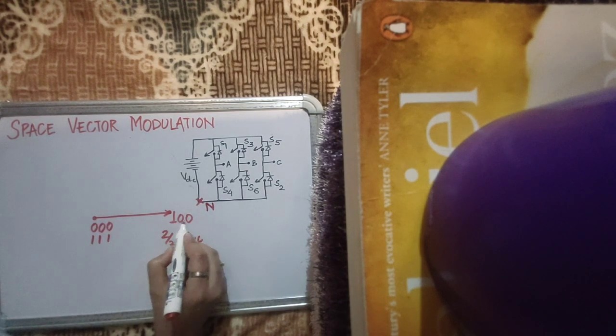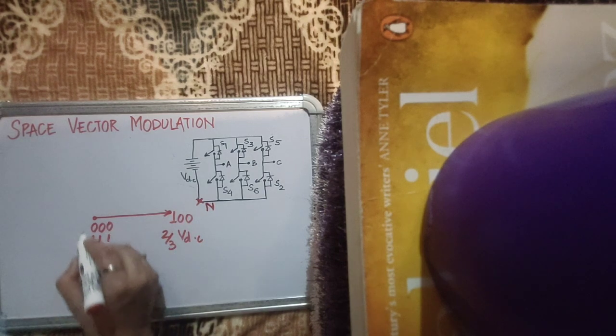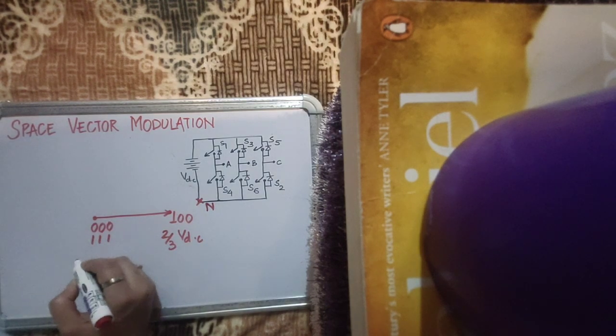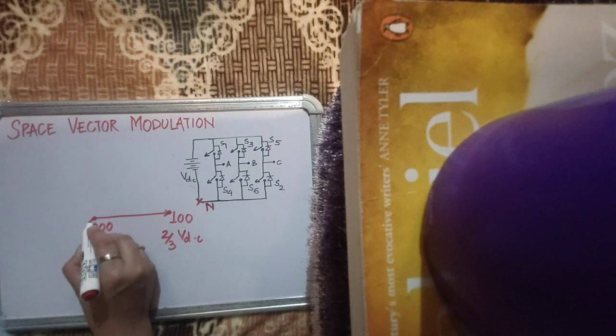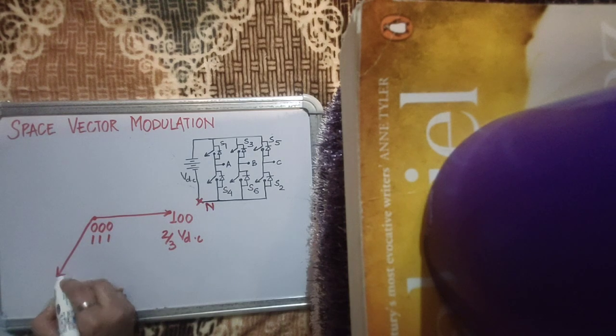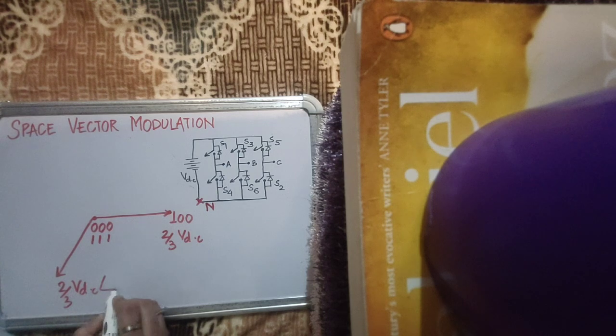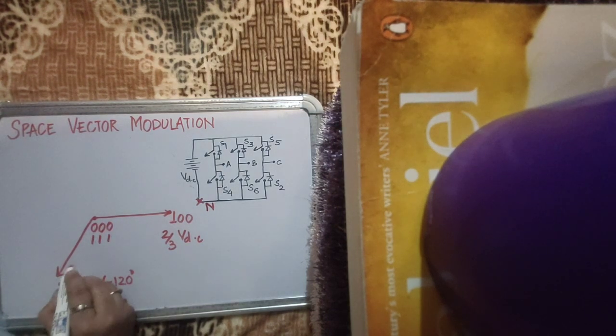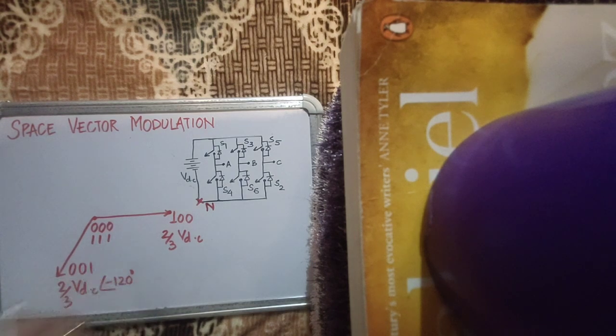This is the state 1, 0, 0. We just calculated for the state 0, 0, 1. It had a length of 2/3 VDC and an angle of minus 120 degrees. And this was the state 0, 0, 1.